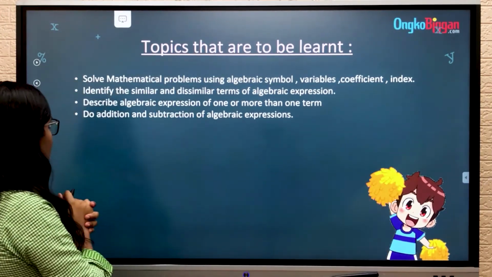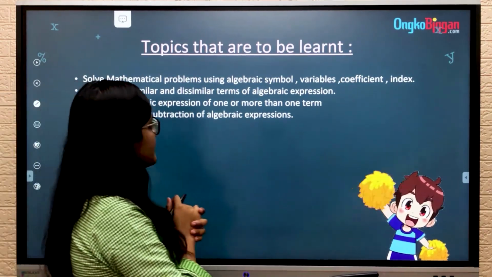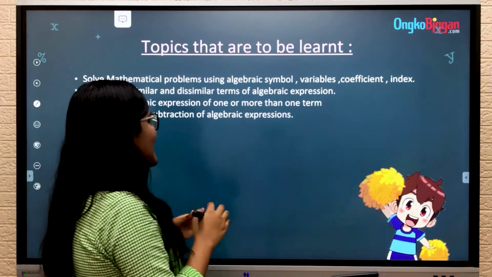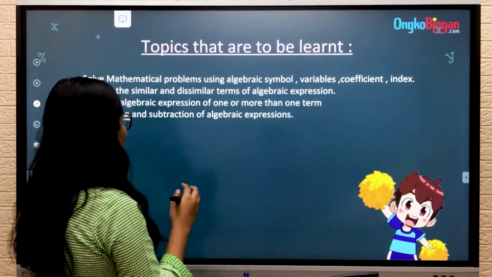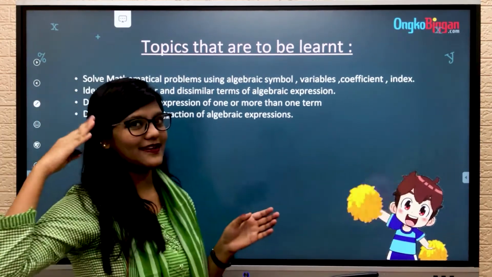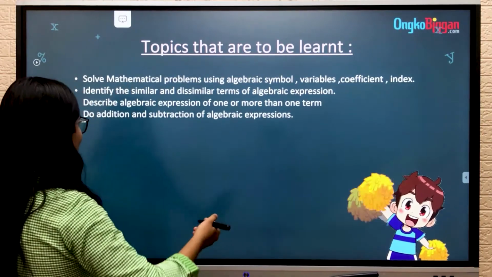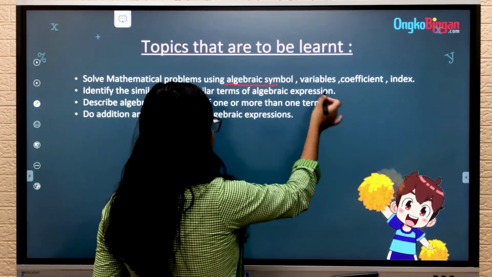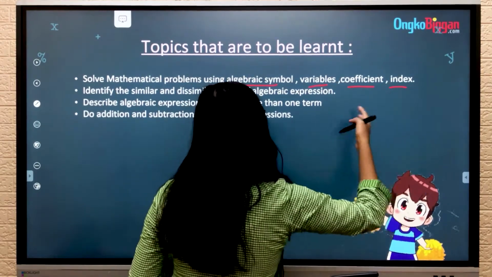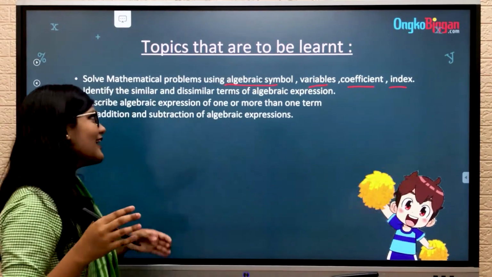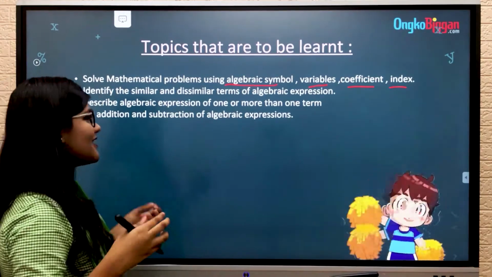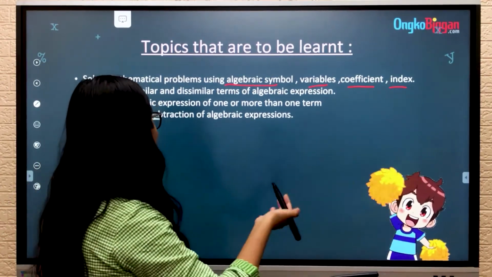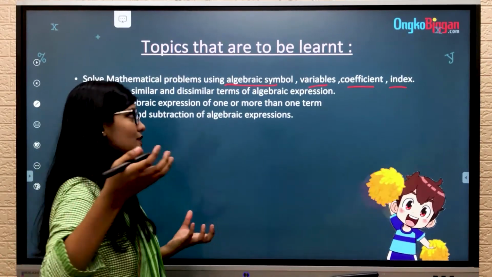Firstly, solve mathematical problems using algebraic symbols, variables, coefficients, index. I know all the terminologies are going over your head, because you don't know what algebraic symbols, variables, coefficients, index are. Just keep in mind that we are going to learn some new terms.